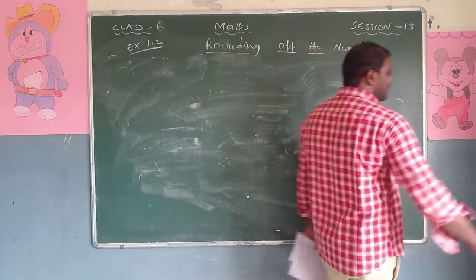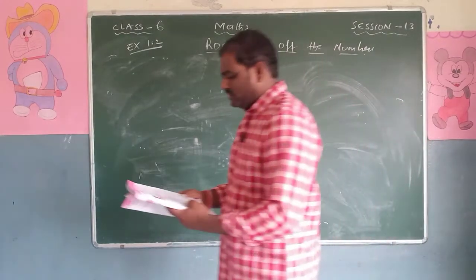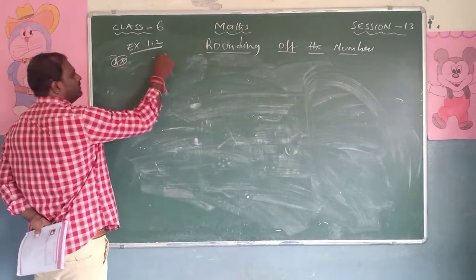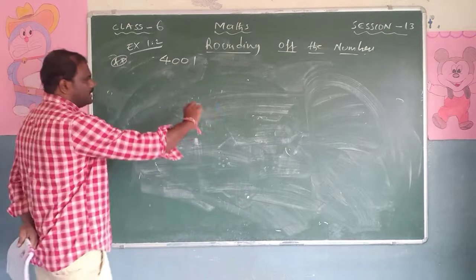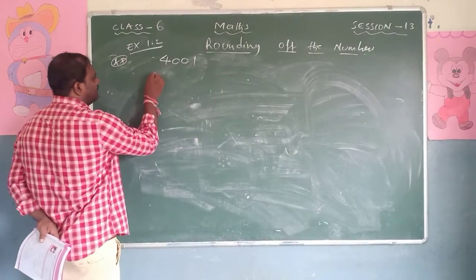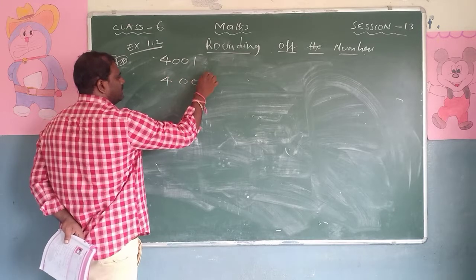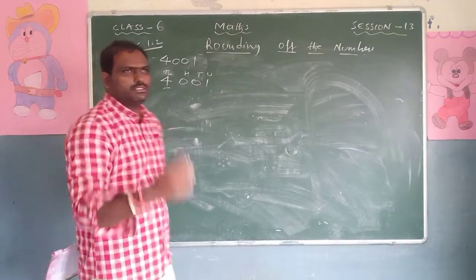So what is the last question given? I think it is 4001. Good question, this one also. 4001, how to write? Look at this. Same point. Units, tens, hundreds, thousands. Common columns are there.